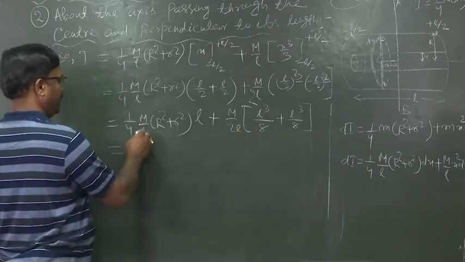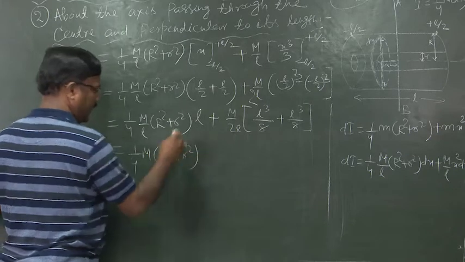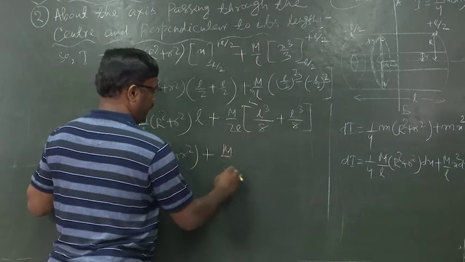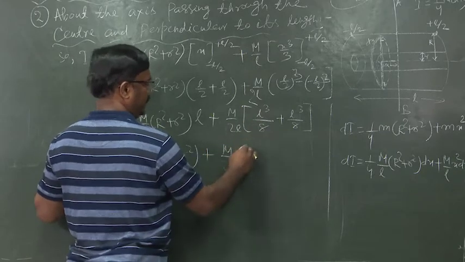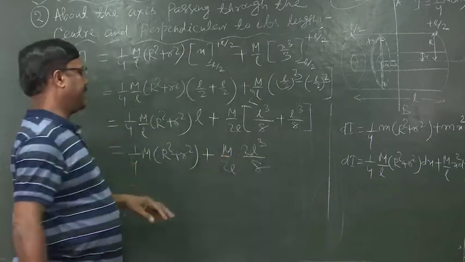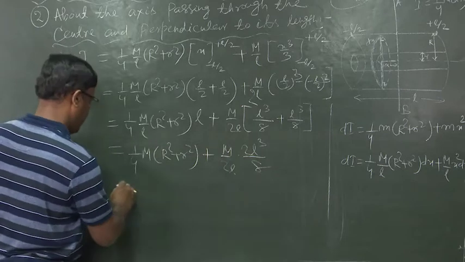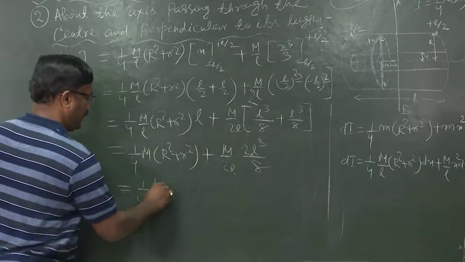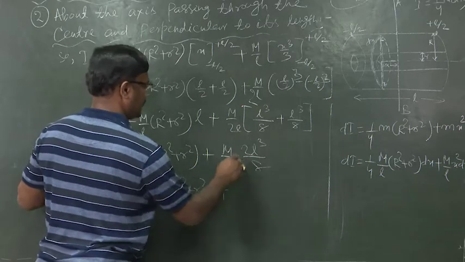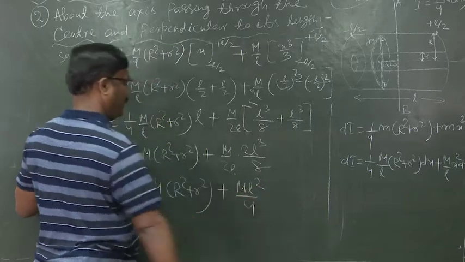So, it will be how much? 1 by 4 m into r square plus r square, plus m by 3L into 2L cube by 8, and 2 get cancelled and 1 L cancels with L cube, and it will be 1 by 4 m into r square plus r square plus m L square by 12.